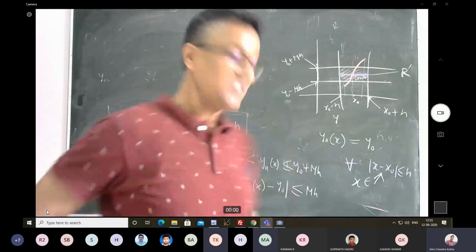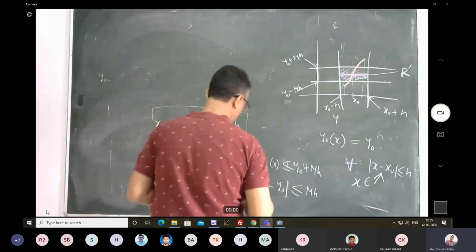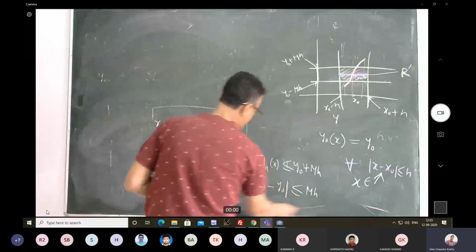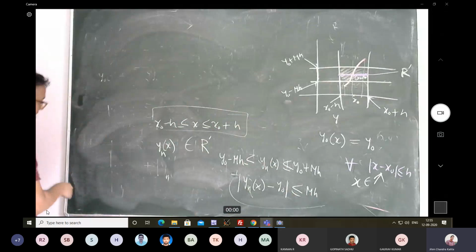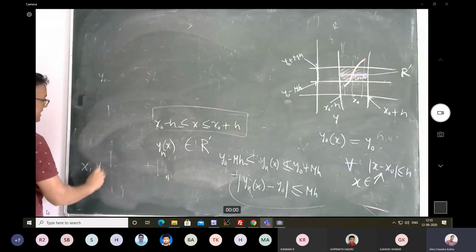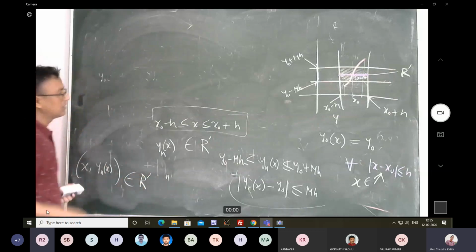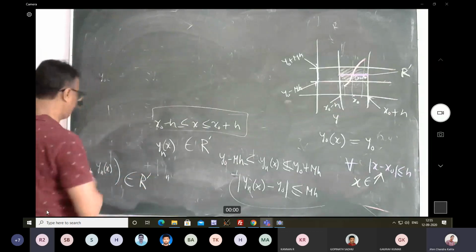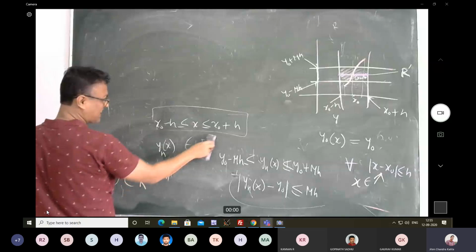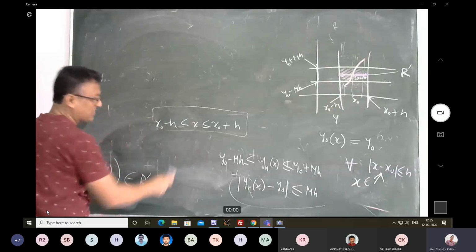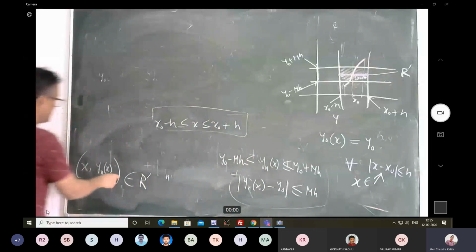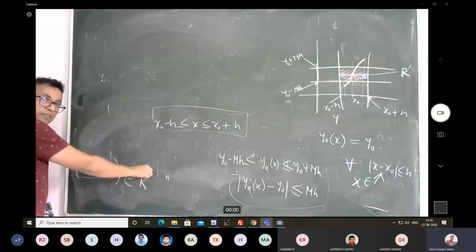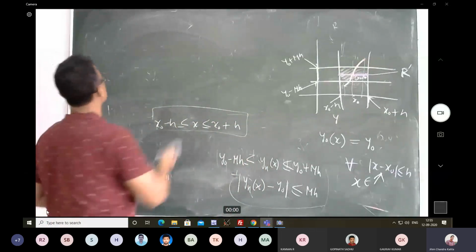So once we are able to do this, we will be able to claim that any point x, yn(x) is always going to lie in R. In fact, I shouldn't say this statement that way. Basically, I should say that if I can prove it this way, then any point is going to lie in R prime. Let us try to do that.